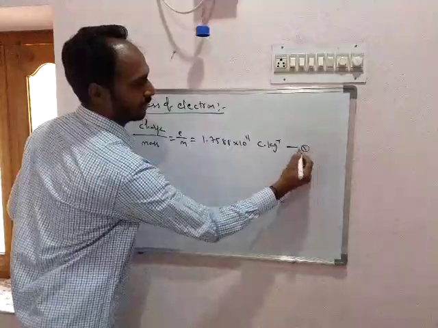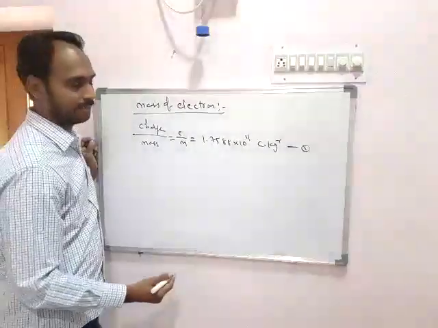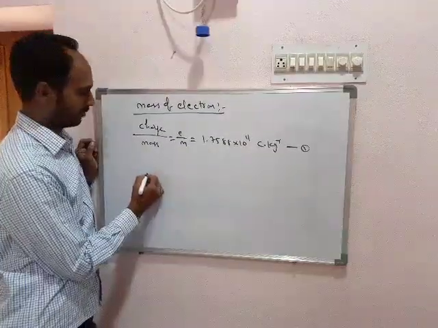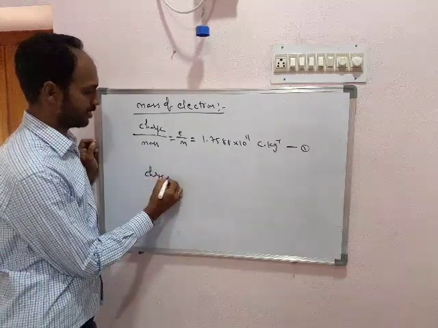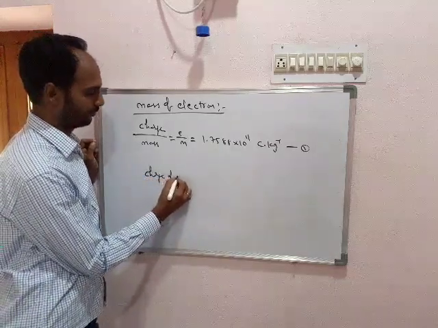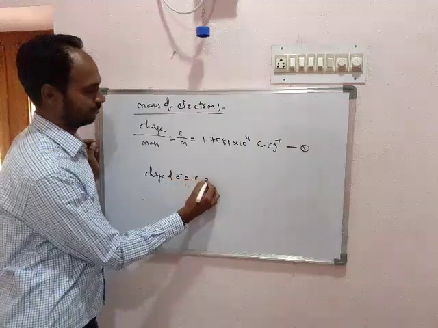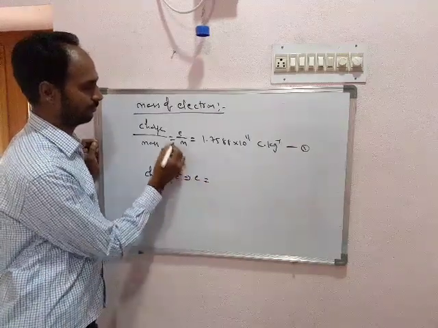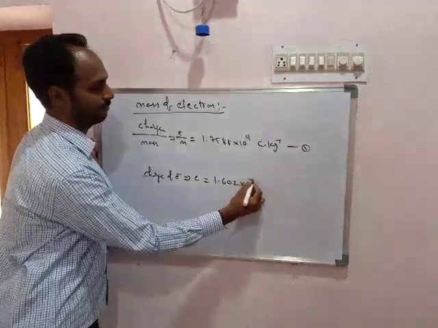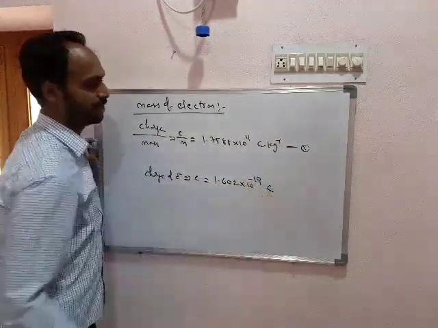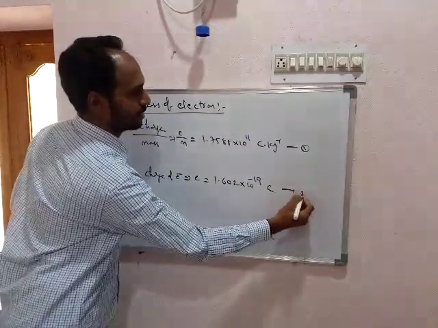Say it is equation 1. And we know the charge of the electron, 1.602 × 10^-19 coulombs. Say equation 2.